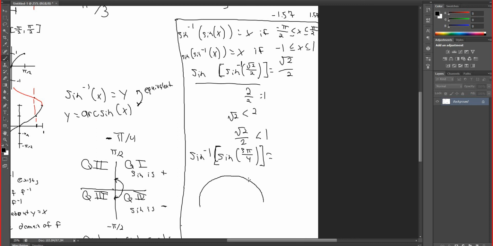If I were to draw quadrants 1 and 2, so I know this is positive, so this has to be an angle in quadrant 1. If I were to look at the unit circle, 3 pi over 4 gives me a positive root 2 over 2. The other angle that would give me positive root 2 over 2 would just be pi over 4.